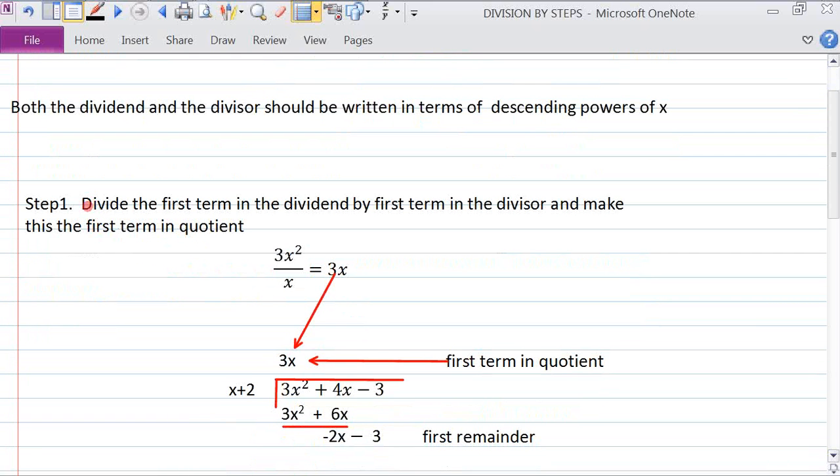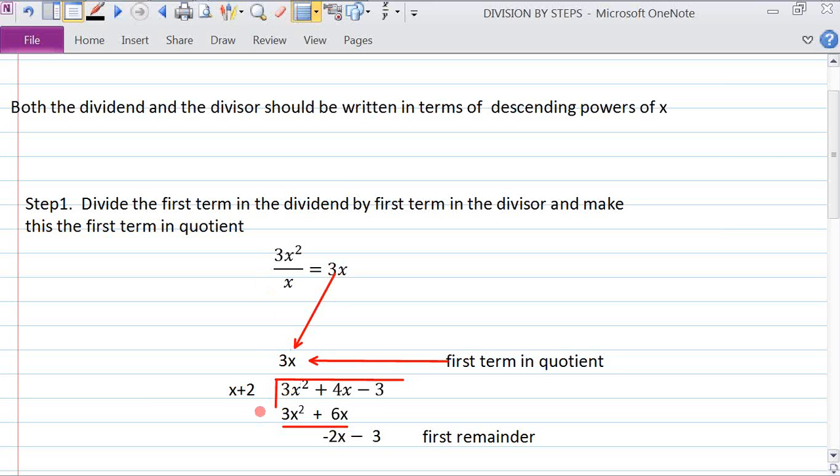Now, step 1, divide the first term in the dividend by the first term in the divisor, and make this the first term in the quotient. So the first term in the dividend is 3x squared. The first term in the divisor is x, and when you divide 3x squared by x, we get a quotient of 3x, and that's going to be the first term that we write over here.